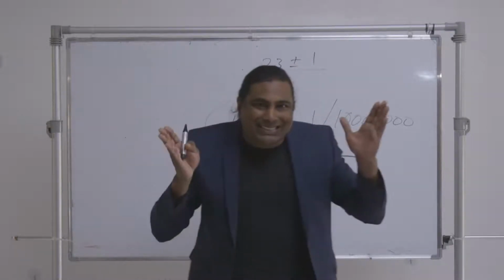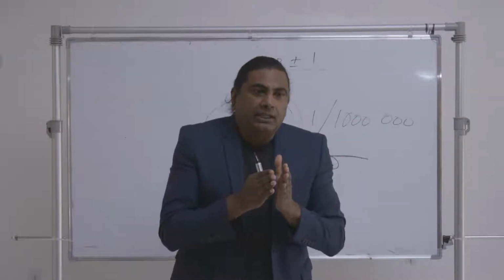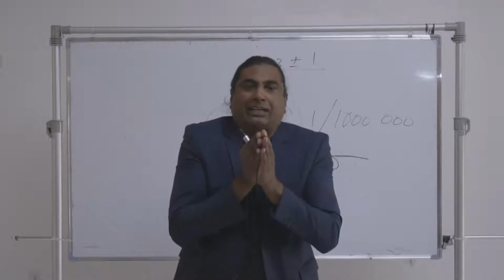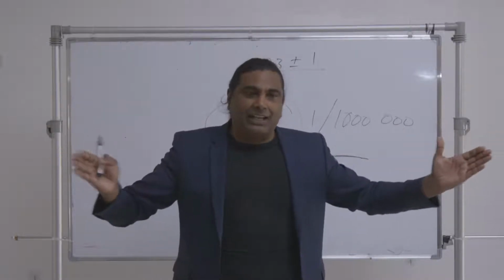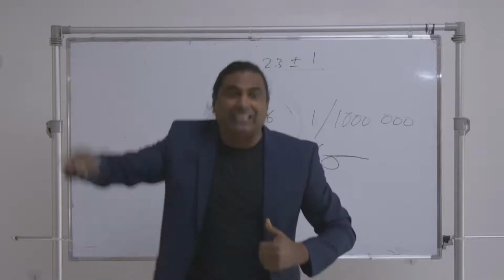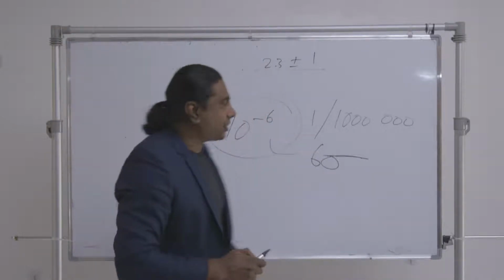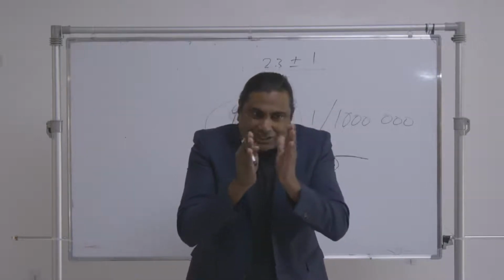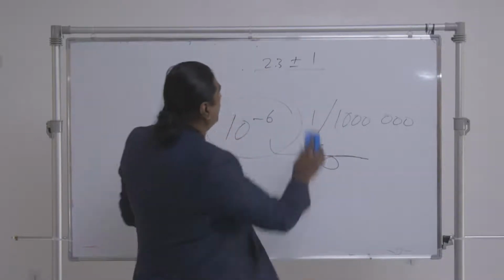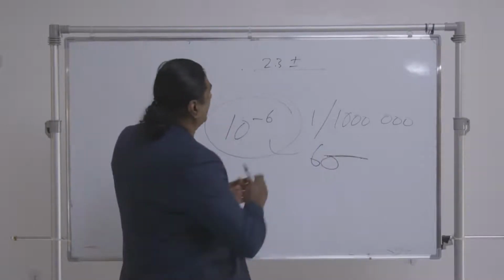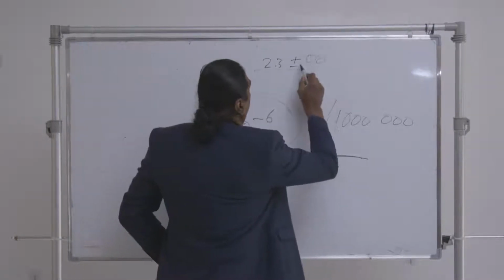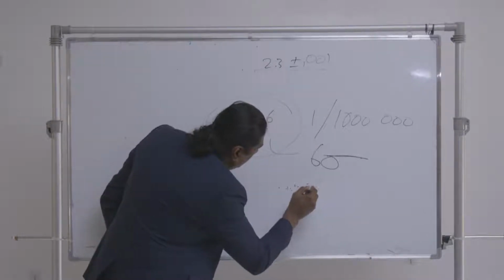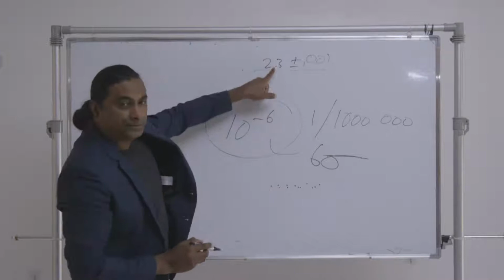Now, the lower the standard deviation, the more compact the numbers are. That means that they are closer to the mean. The bigger the standard deviation, the higher the variation. So if you have a small standard deviation, let's assume 2.3 plus minus 0.001, it means the numbers are pretty close to the mean.